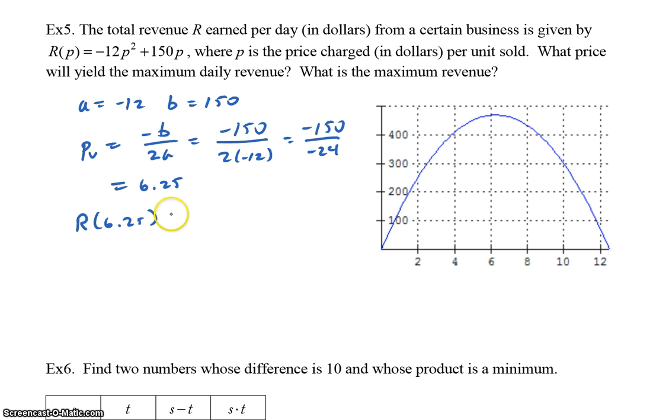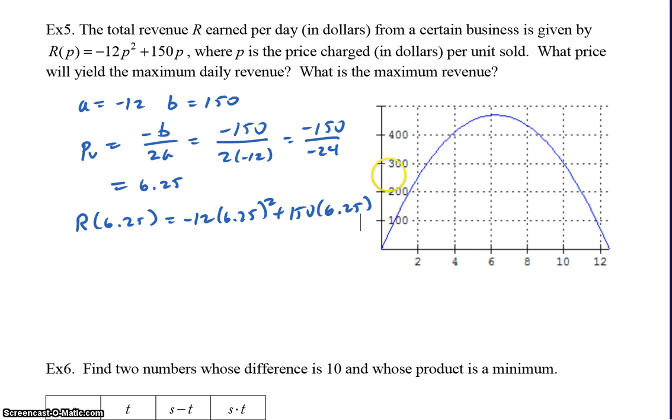So we would compute negative 12 times 6.25 squared plus 150 times 6.25. And using a calculator, I won't show any more details than that, the value we would obtain is 468.75.